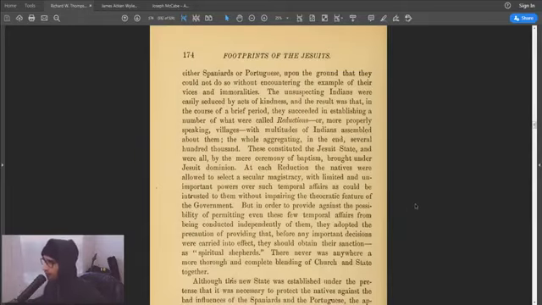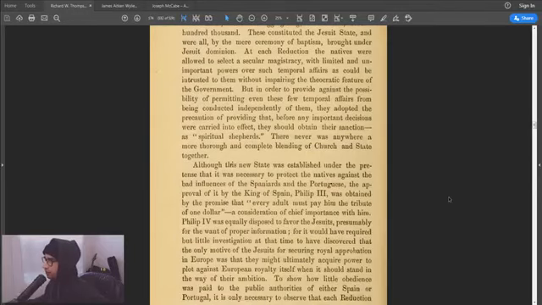But in order to provide against the possibility of permitting even those few temporal affairs from being conducted independently of them, they adopted the precaution of providing that before any important decisions were carried out into effect, they should obtain their sanction as quote-unquote spiritual shepherds. There never was anywhere a more thorough and complete blending of church and state together.